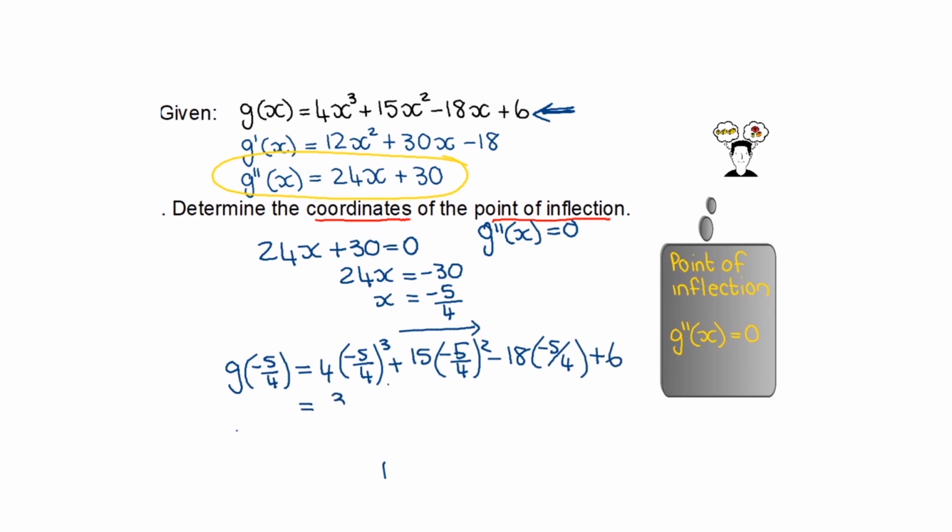You will be using your calculator. I used it and I got 353 over 8. Approximated to 3 decimals, it will be 44,125. What is the point of inflection? In other words, it is -1.25, that will go with a y value of 44,125.